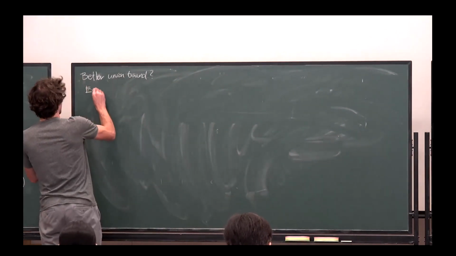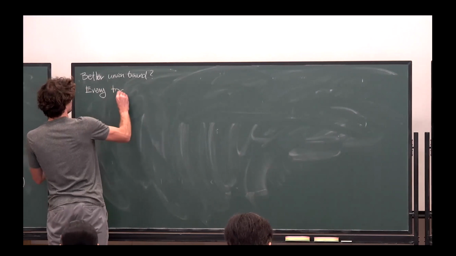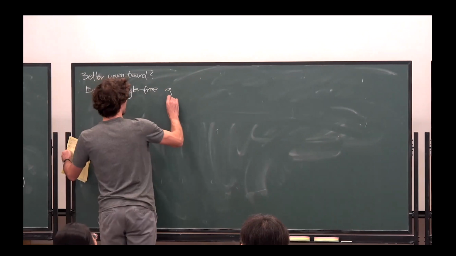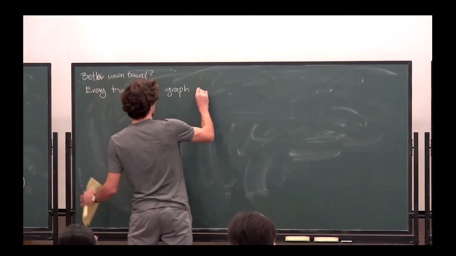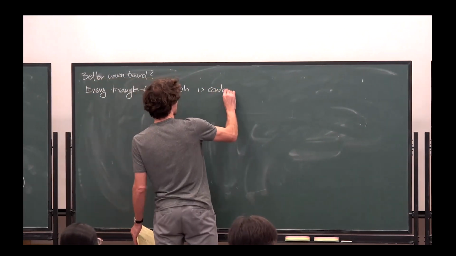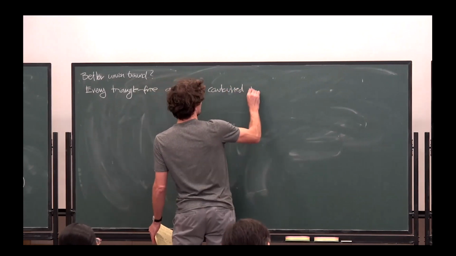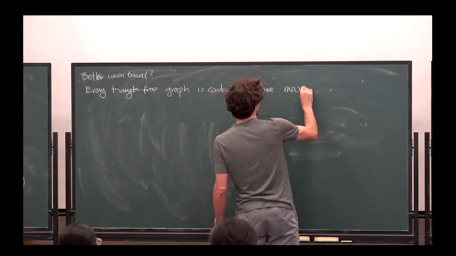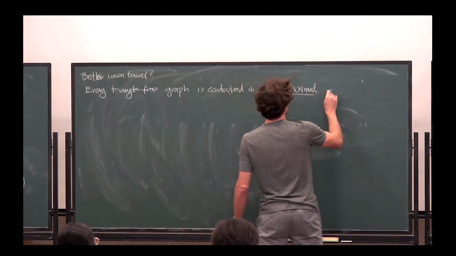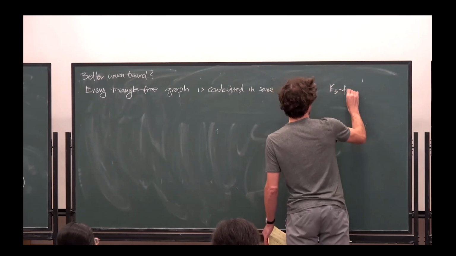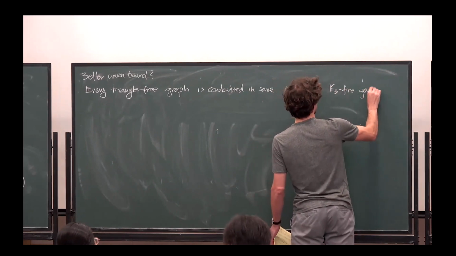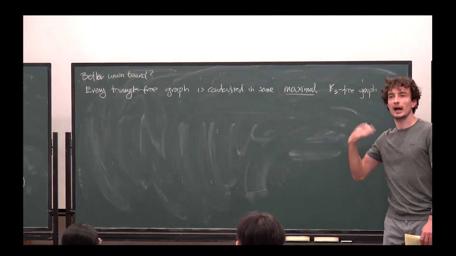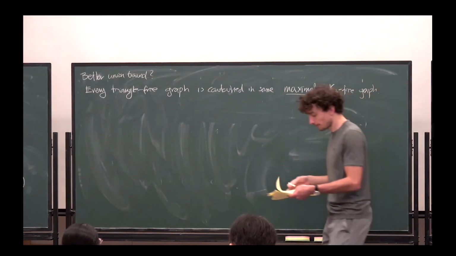Every triangle-free graph is contained in some maximal triangle-free graph. Maximal, inclusion maximal, you can no longer add any edges without creating triangles.